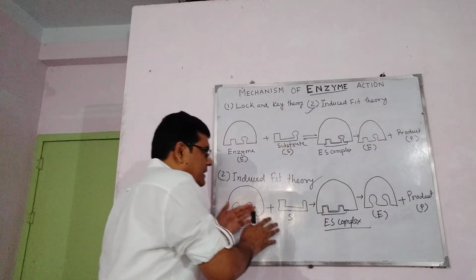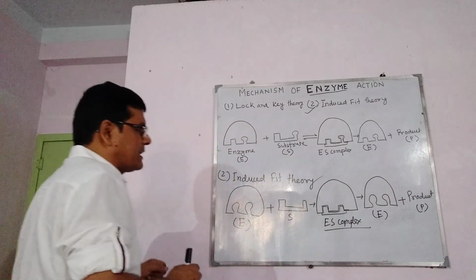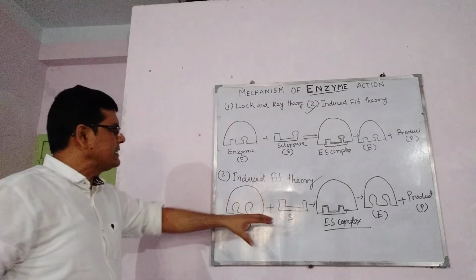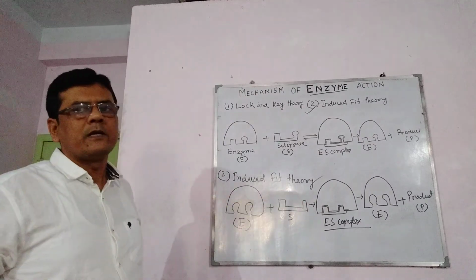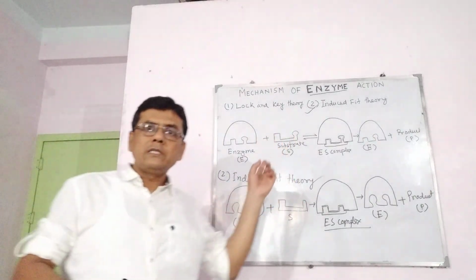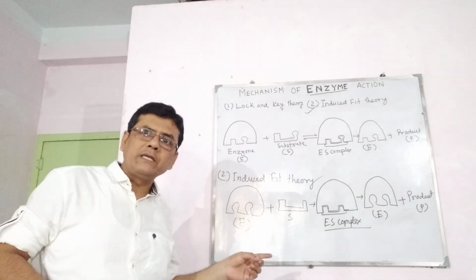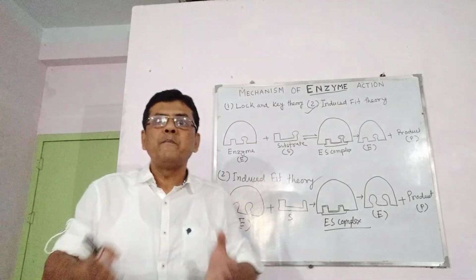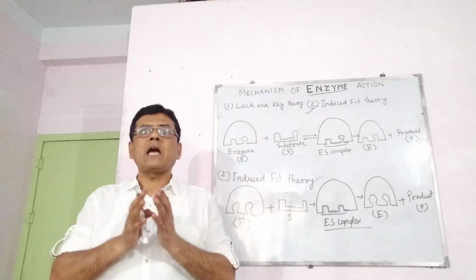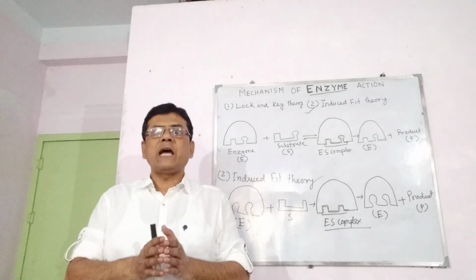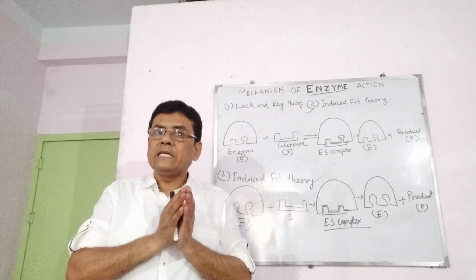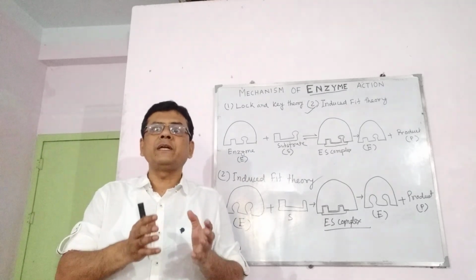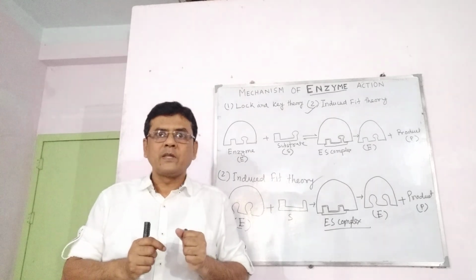In these cases, the shape of the enzyme's catalytic site is modified by the binding substrate. So, in these two theories, you can easily explain the mechanism of enzyme action, that is lock and key, and the second is induced fit theory.